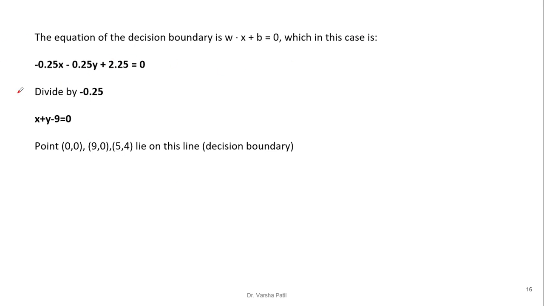Here the equation for the line is wx + b = 0, where w is -0.25, -0.25, so by adjusting the equation we get the line equation x + y - 9 = 0. The points 0.9905 and 445 lie on this decision boundary.